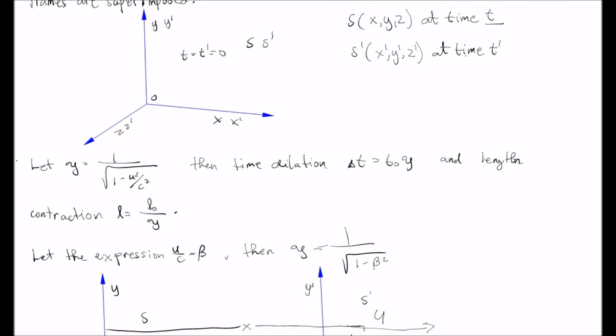Now, if we express this into gamma, then the time dilation will be expressed as delta t equals the proper time times gamma. And the length contraction will be L equals the proper length over gamma.